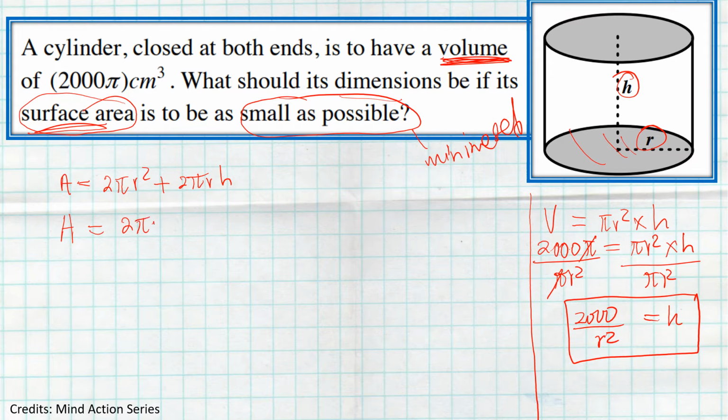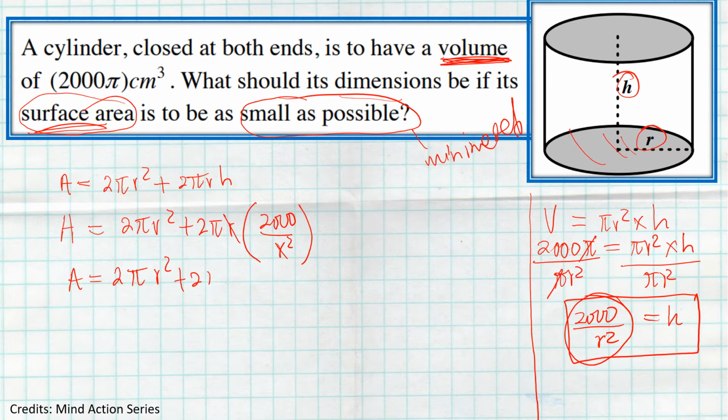So it's 2 pi r squared plus 2 pi r h. Where there is height, I'm going to replace it by what? By 2000 over what? Over r squared. So r and r will cancel there, and our area is going to be 2 pi r squared plus 2 pi multiplied by 2000. 2 pi multiplied by 2000 is actually going to give us what? 4000 pi, right? 4000 pi divided by what?